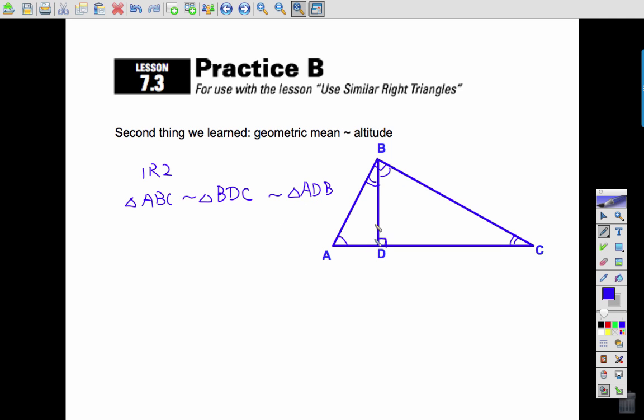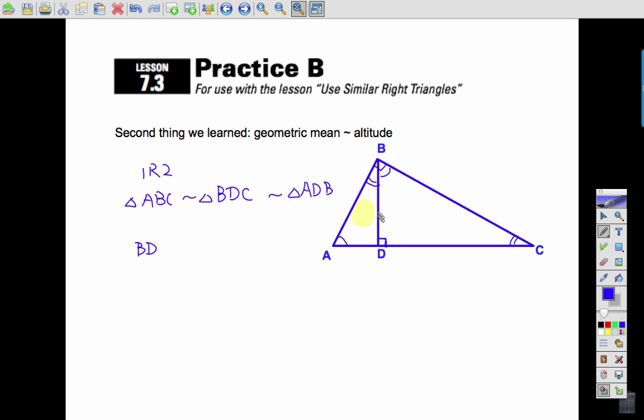And if I'm given a problem, especially when I'm given information about this BD altitude, right? Notice that if I have BD as the altitude, look at this small triangle ABD, this yellow triangle here.